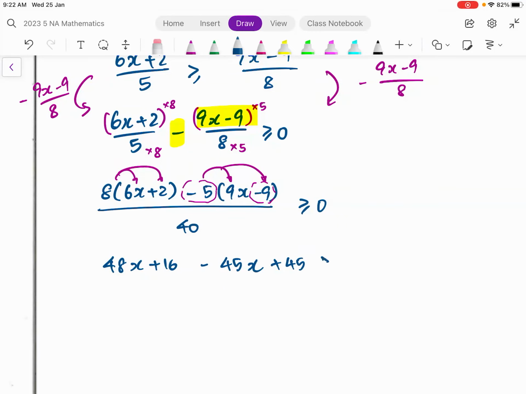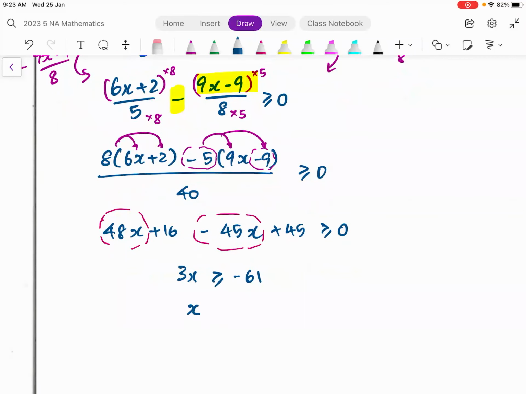And now I group my x terms together. 48x minus 45x, that leaves me with 3x. 16 plus 45 is 61. So plus 61 greater than or equal to 0. I'm going to minus 61 on both sides, so negative 61.